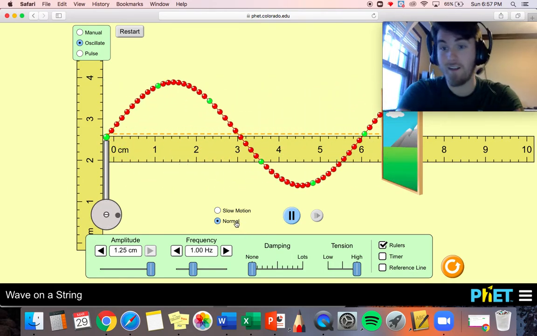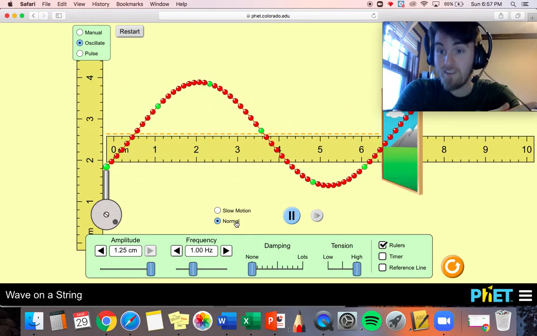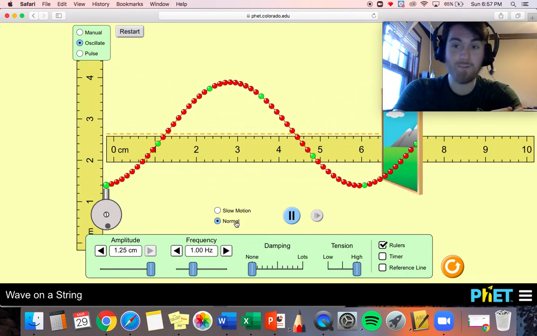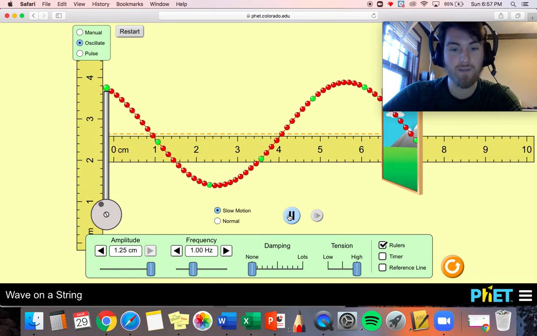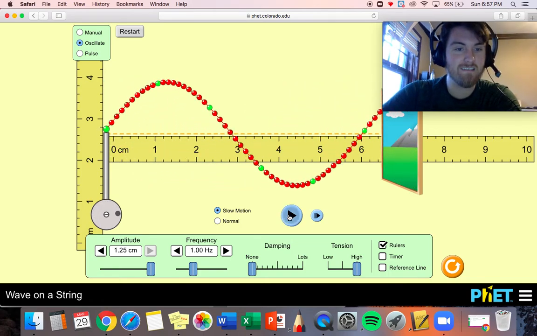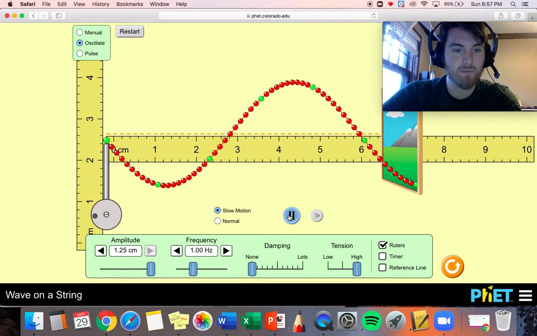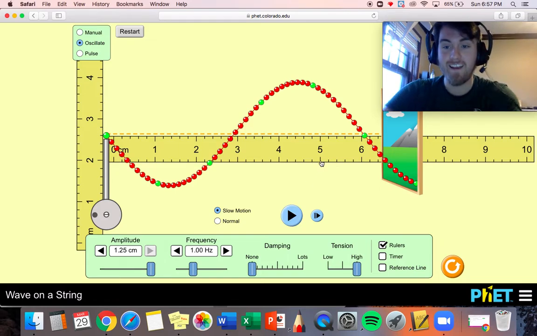Maybe the amount of time is influential in the wavelength. Now I'm going to set it to slow motion and get a good one. Hey, there we go. And what do you notice for the wavelength? Again, one trough and one crest, and it ends back at 6.1 centimeters.